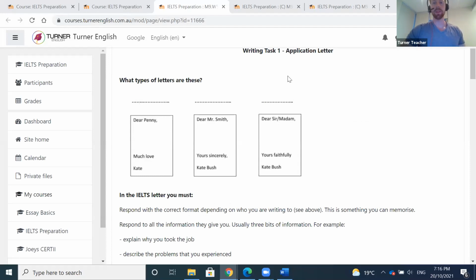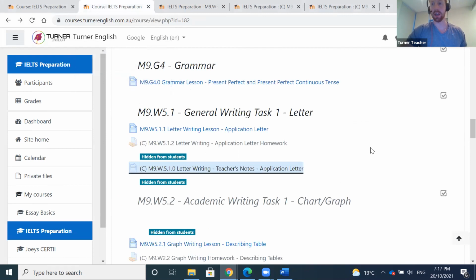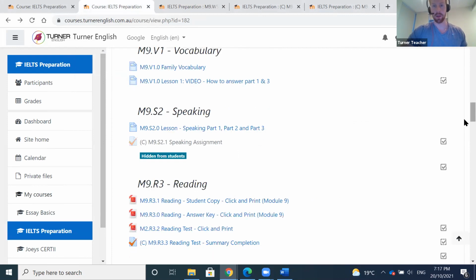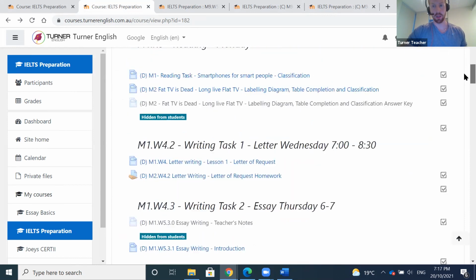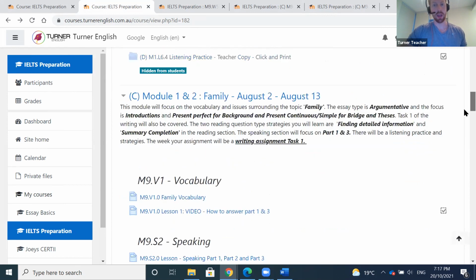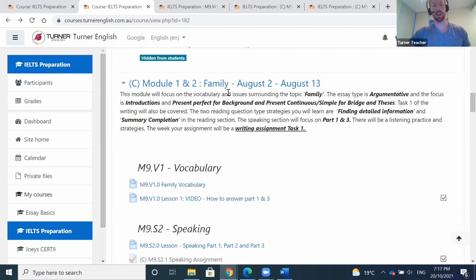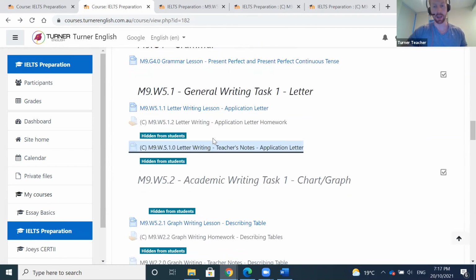Okay, so guys, we are going to look at the application letter. Okay, so that is under module 1 and 2, family, August 2. So I know those dates are not correct, but this is the next one in the line. So do you guys have access to that?